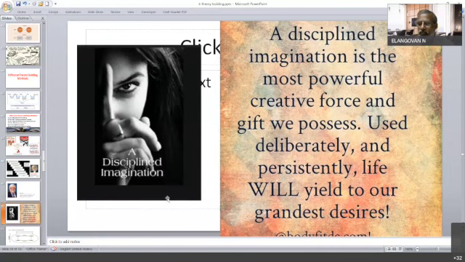That can happen only with disciplined imagination. So disciplined imagination is the most powerful creative force used deliberately and persistently to a greater extent. So disciplined imagination is one thing that extends our theories.